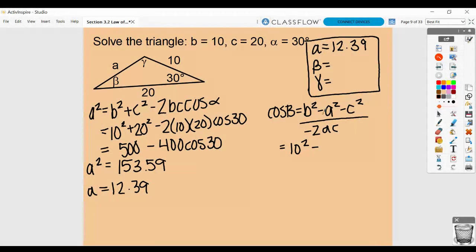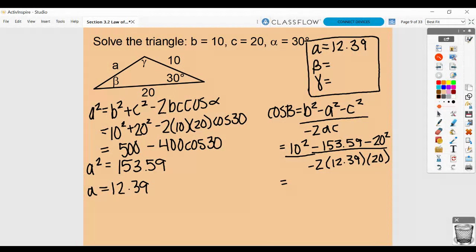Okay, the A squared you already solved for. It's 153.59. And then C squared is 20. So all over -2 times A, which is 12.39, times 20.